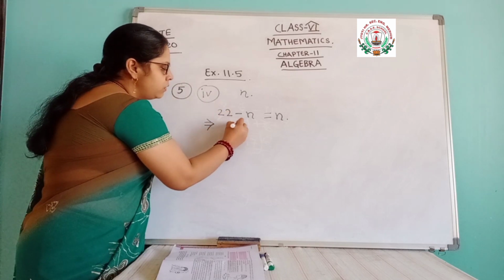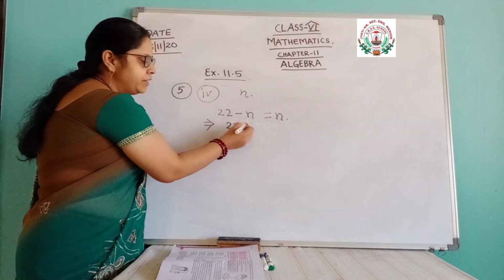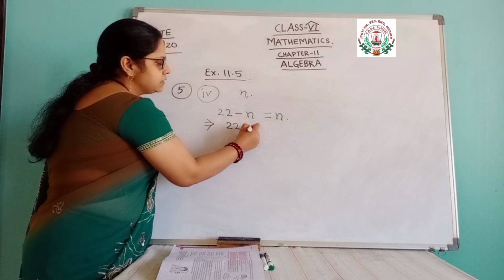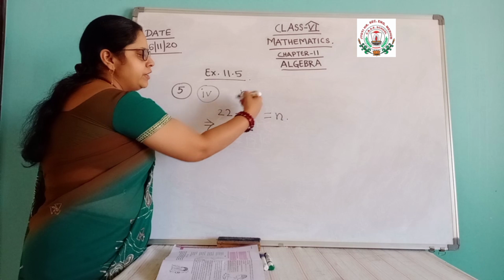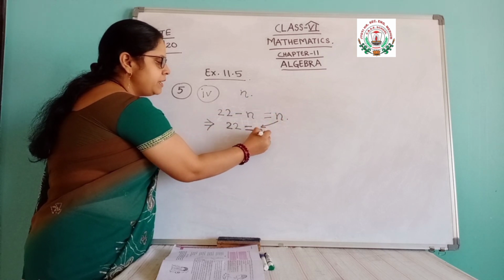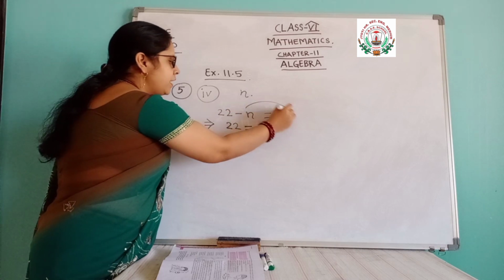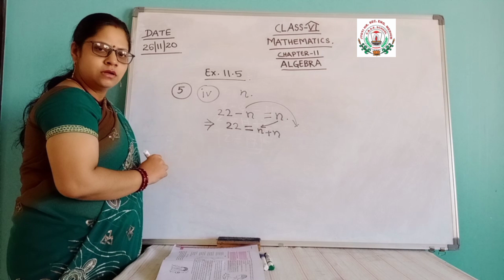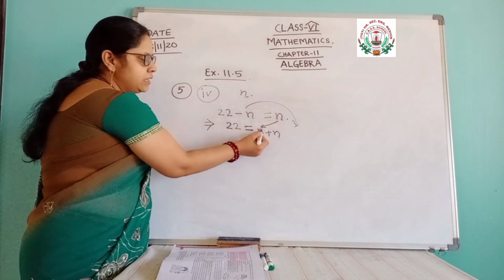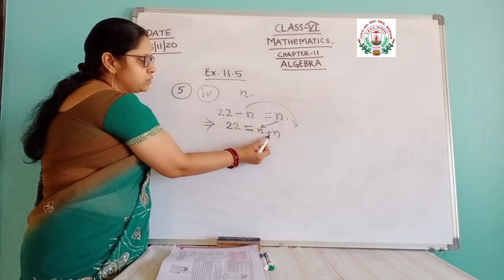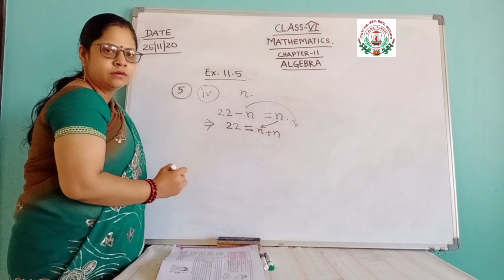So 22 we will keep here only. Now the equal sign. This minus n, when you transfer to the other side, this n will be here, and when transferred, it changes to plus n. Understood this much? This n is already here, and this minus n, when transferring, minus changes to plus, and this n came here.